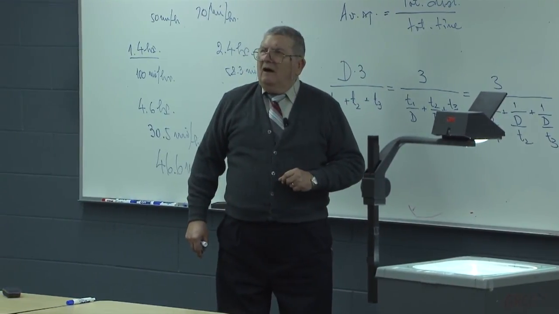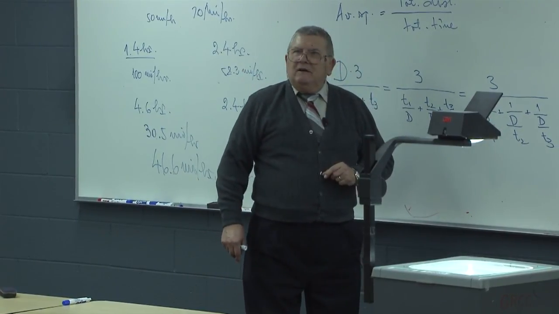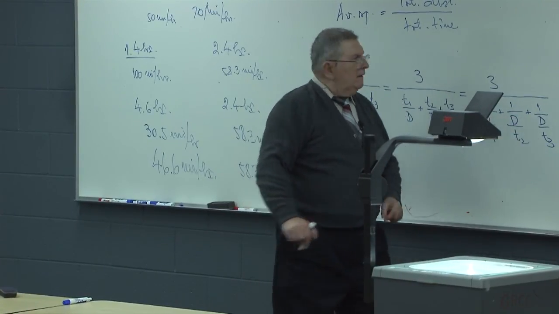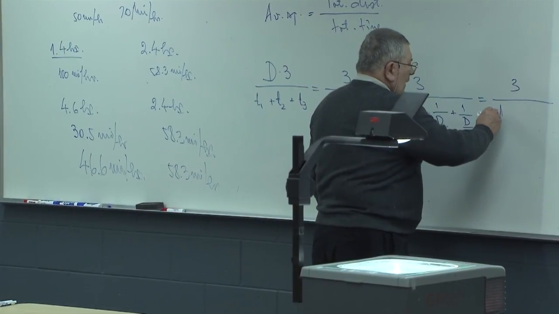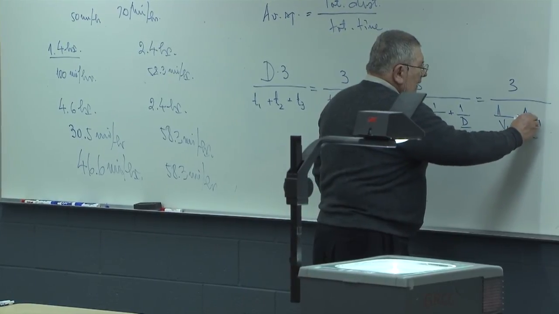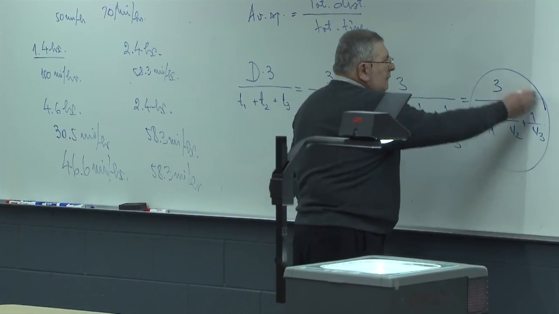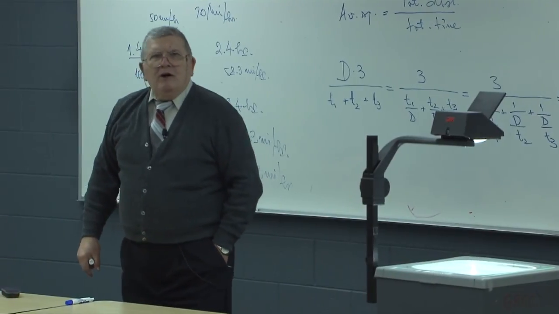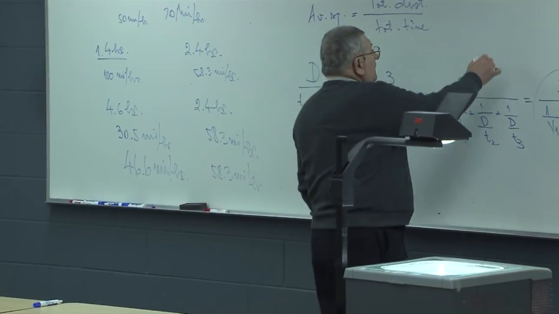It is the speed on the first lap. d over t2 is the speed on the second lap. And d over t3 is the speed on the third lap. So what is 3 over 1 over v1 plus 1 over v2 plus 1 over v3? Maybe you know how this is called. This is called the harmonic average of the numbers v1, v2, v3.